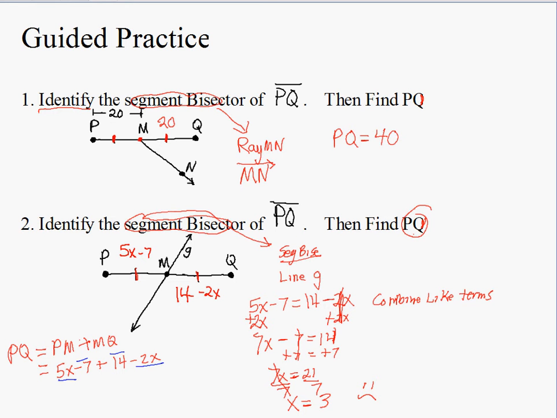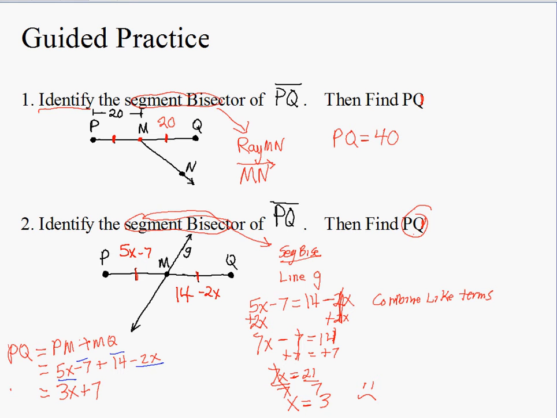To work with negative numbers, I always like to use money. So I know that 5x minus 2x, I have $5 in my pocket. You owe me $2. That means that you have $3 left. Then I have here minus 7 plus 14. You owe me $7. You have 14. So that means you have $7 left. So it's a positive 7 in your pocket.